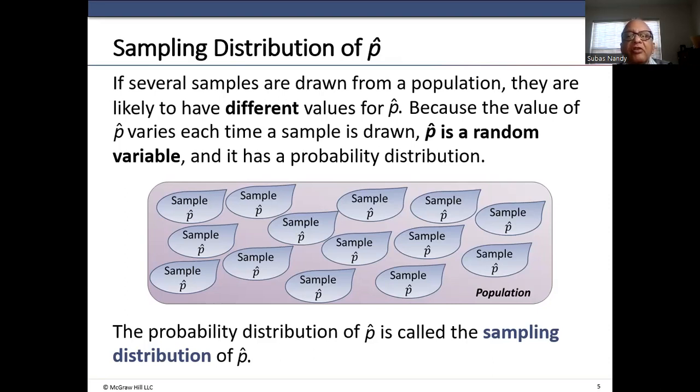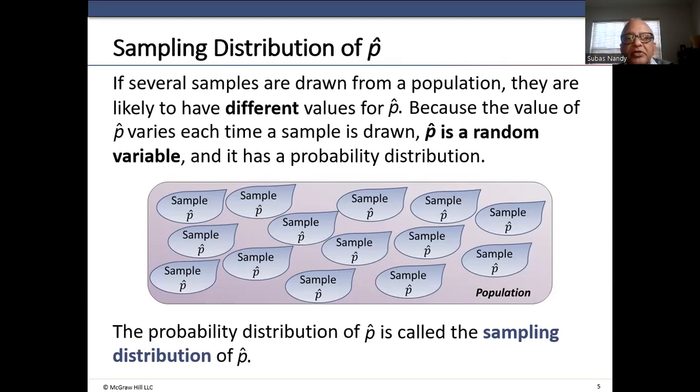And there are different values of P hat, as I said, 0.3, 0.35, 0.4, 0.45. You can divide these 50 values of P hat in my example into, say, 5 or 6 groups, and on top of each group you will draw a vertical rectangle. The height of the rectangle will be equal to the relative frequency.